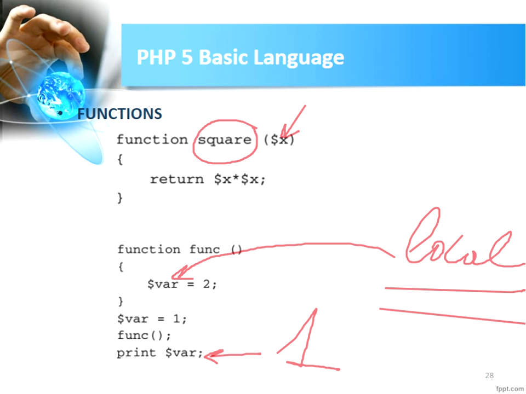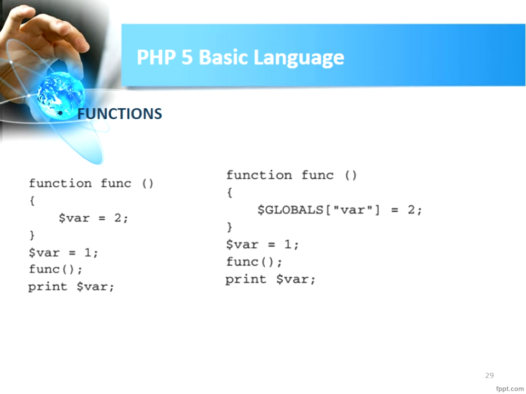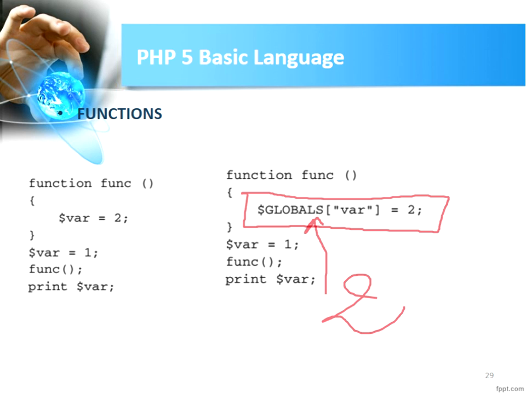So when we print variable, we print this variable. To resolve this problem, we can use the global variable. So here we will obtain 2 because we use global, and here we will obtain 1. Any questions?